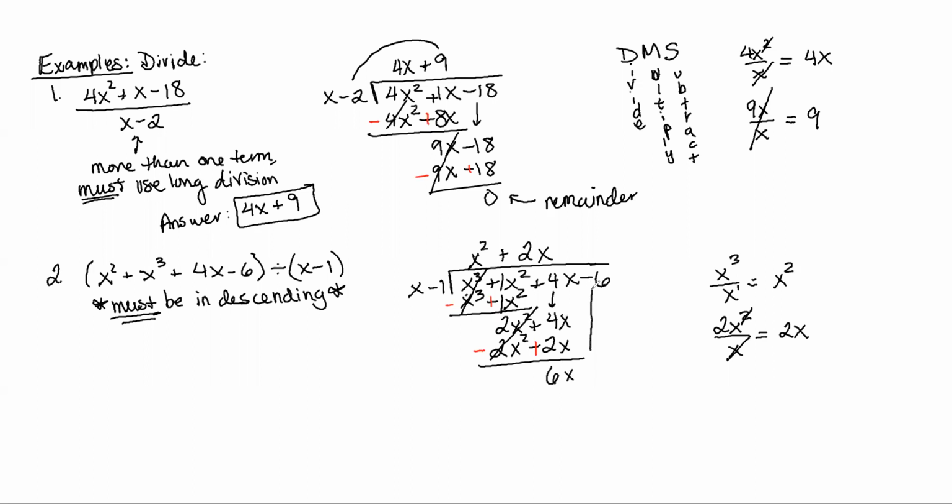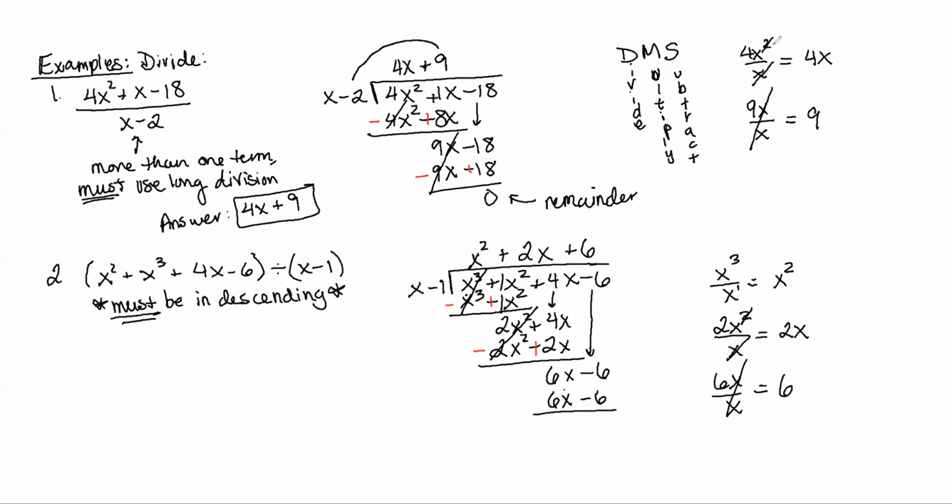And we have one last term to bring down. Make sure you bring down the sign that it has in front of it, so a minus 6. And repeat one last time. First term divided by first term, 6x divided by x. Those x's just cancel and we're left with 6. Positive, so plus 6. Then we multiply, so 6 times x is 6x. 6 times negative 1, negative 6.